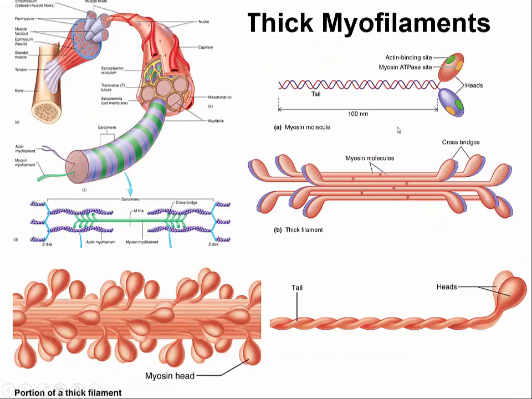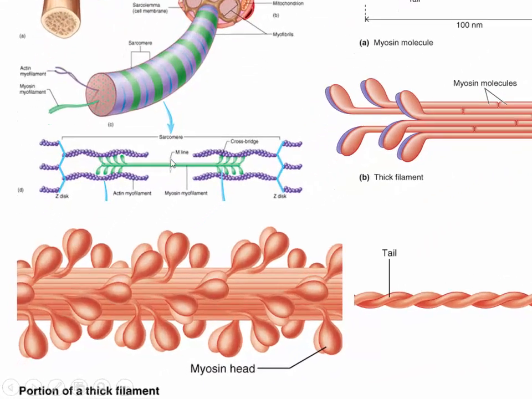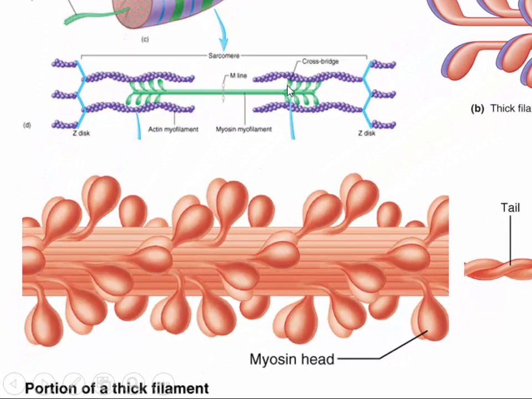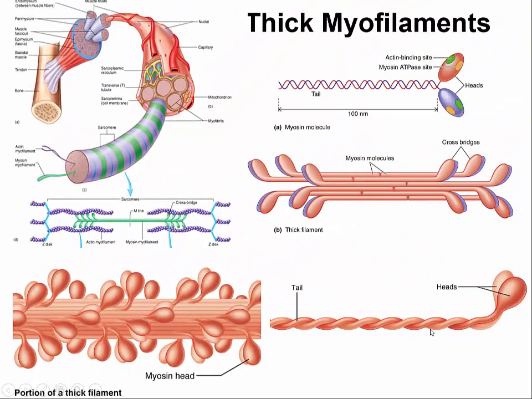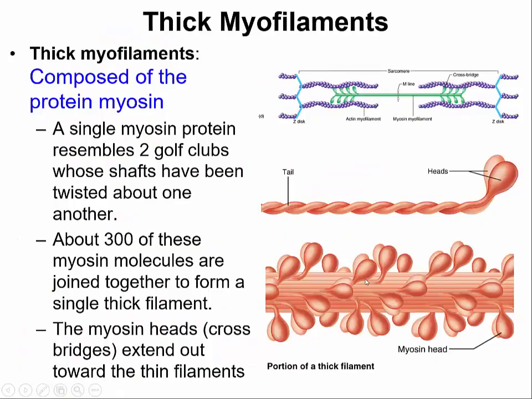So the thick myofilaments. Well, the thick myofilaments are here, and they're going to have these globular heads called the myosin heads. This is a myosin protein that makes up the thick filament. They're also referred to as cross bridges. So when you look at the thick myofilament, it consists of about 300 of these myosin protein molecules.